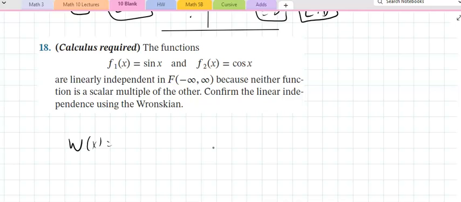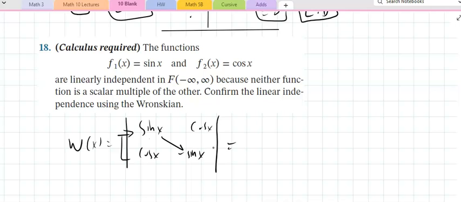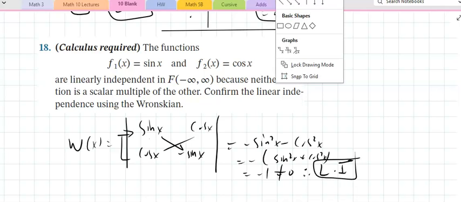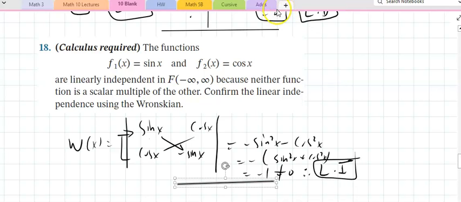Basically the way it works, you list the first function, you list the second function, you take a derivative, and the determinant of those will be the product of those minus the product of those, which would be negative sine squared of x plus cosine squared of x, which will be -1 and not equal to 0. Therefore, it's linearly independent. That simple. Well, this is the basic problem.